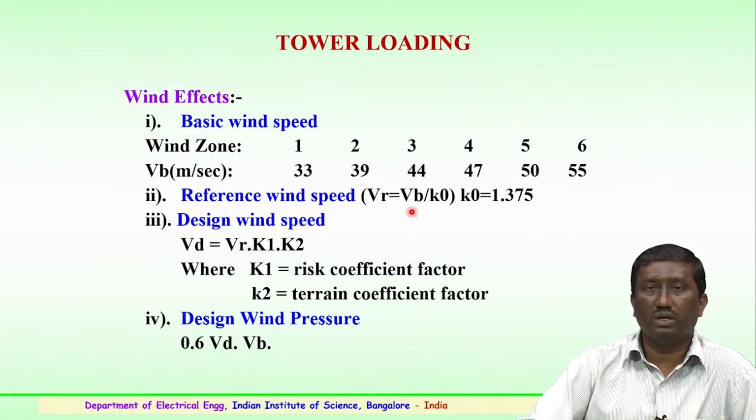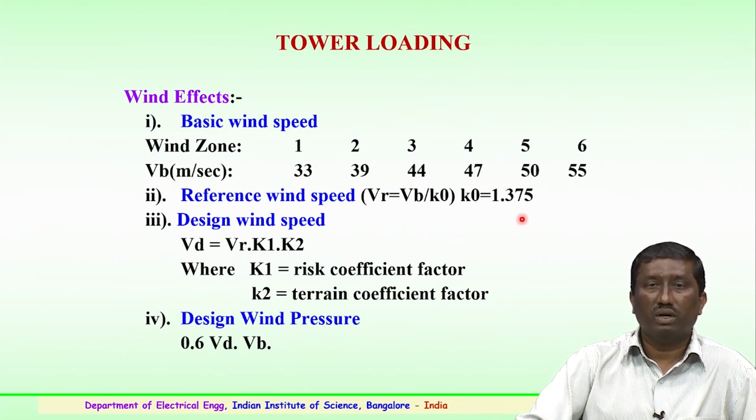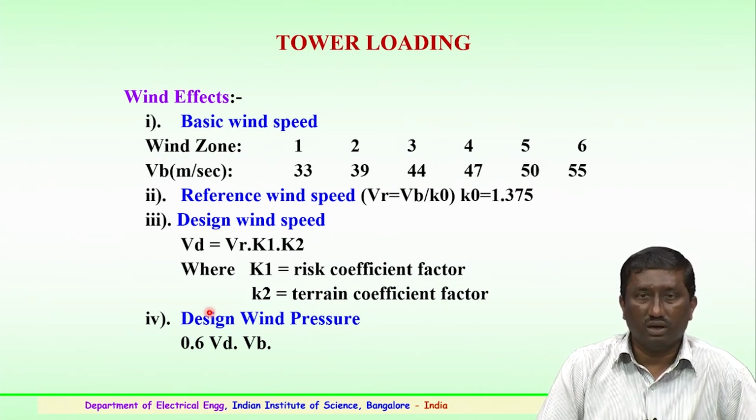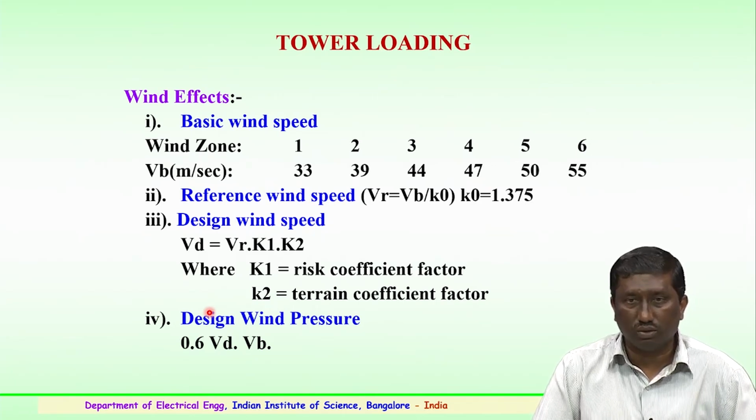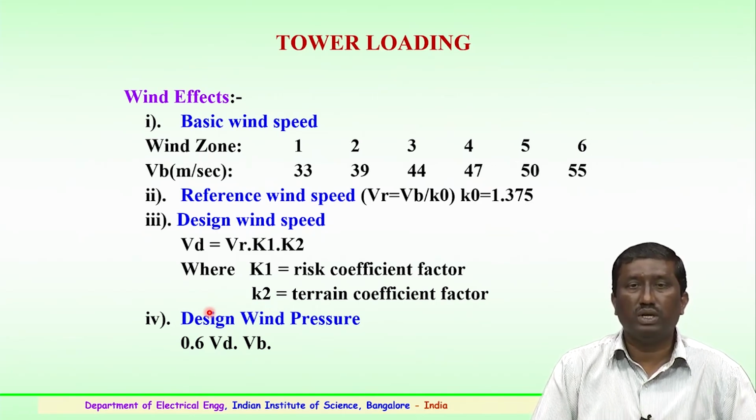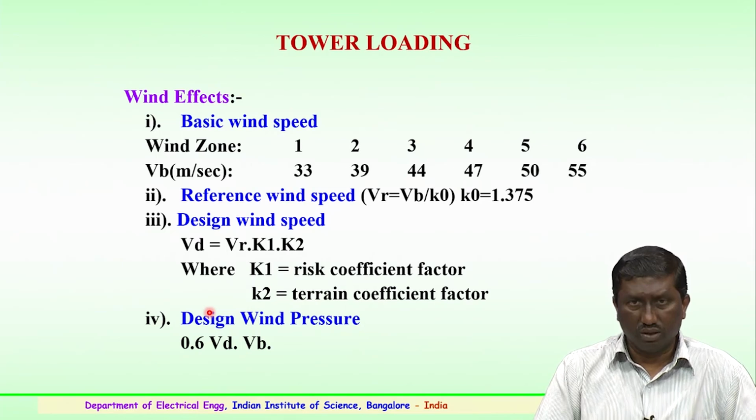The reference wind speed is typically given as VR equal to VB by K0, where K0 is assumed to be 1.375. For designing, the wind speed VD is equal to VR times K1 and K2, where K1 is the risk coefficient factor and K2 is the terrain coefficient factor, depending on what type of terrain, whether it is plain or flat, or a mountainous area.